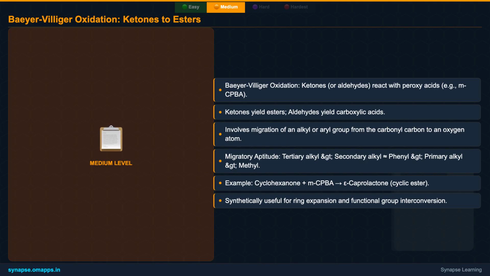The migratory aptitude dictates which group moves, with tertiary alkyl groups being more prone to migration than primary ones. This reaction is a powerful tool in organic synthesis for creating new C-O bonds and expanding rings, for example, converting cyclohexanone into a cyclic ester called caprolactone.